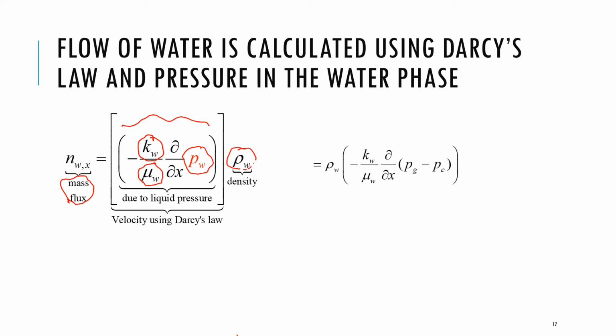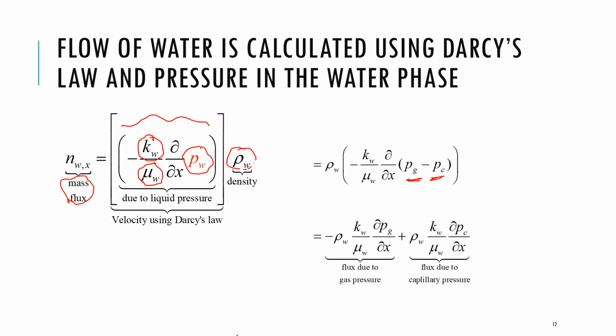As I said, the water pressure is made up of gas pressure minus capillarity, because that's what we assumed earlier. So we expand it out, and we get a term due to gas pressure, if we expand out the derivative, and then we get a term due to capillary pressure.